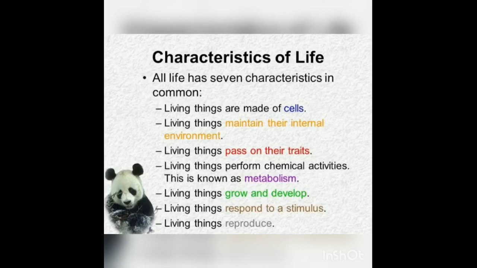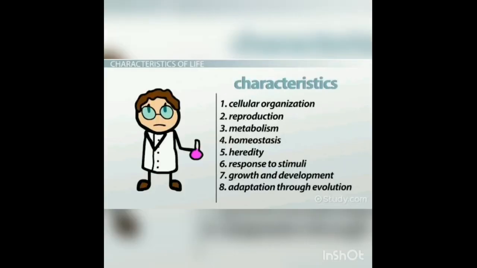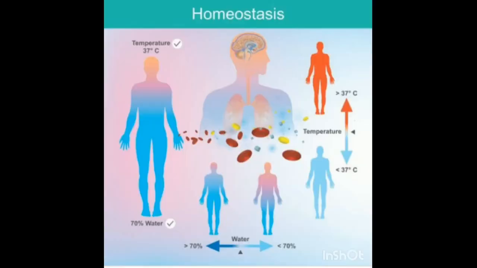Then nutrition, respiration, metabolism, growth, response to stimuli, movement, reproduction, excretion, adaptation, and homeostasis. What is homeostasis? Maintaining an internal environment or internal body temperature is called homeostasis.